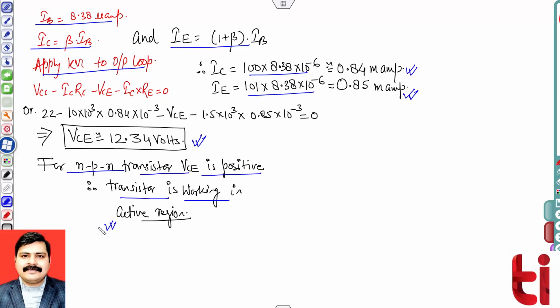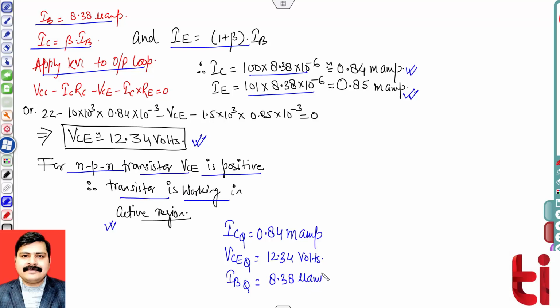So the operating point over here is my ICQ equals 0.84 milliampere, my VCEQ equals 12.34 volts, and the parameter we have calculated from the input loop, my IBQ, is 8.38 microampere. So these are my results using exact analysis.